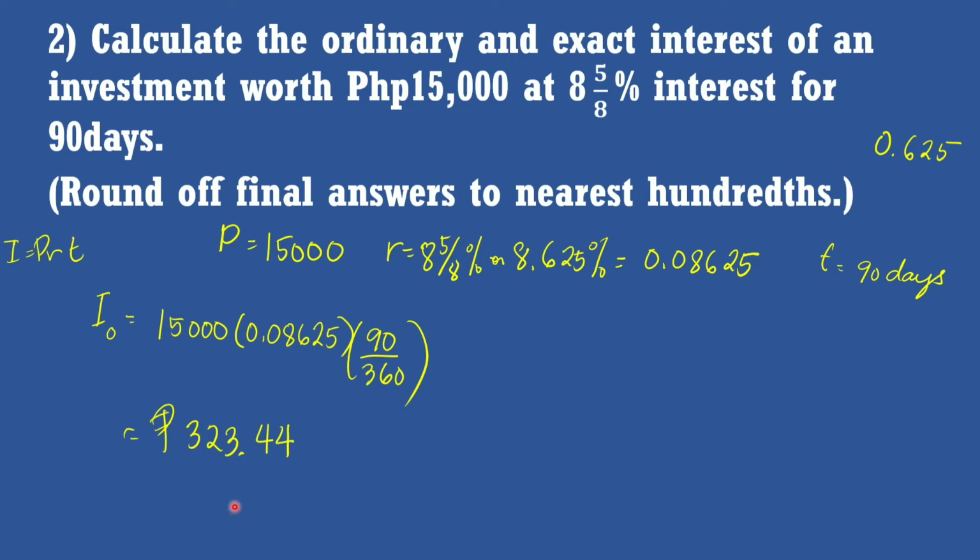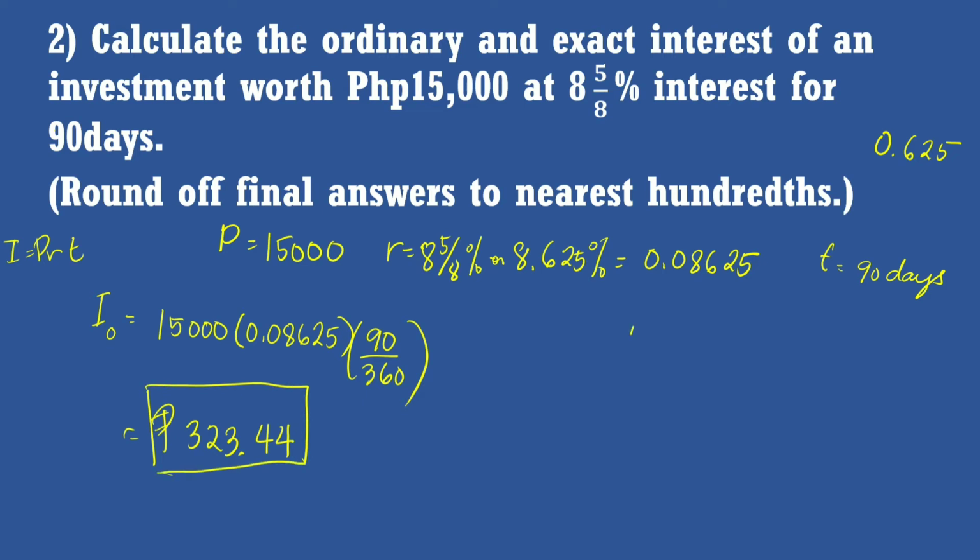The instruction says to round to the nearest hundredths. Our calculator shows 323.4375. So, this is our final answer for ordinary interest.